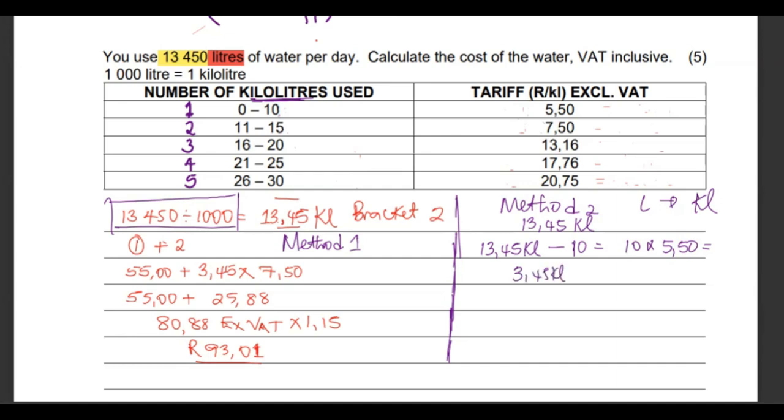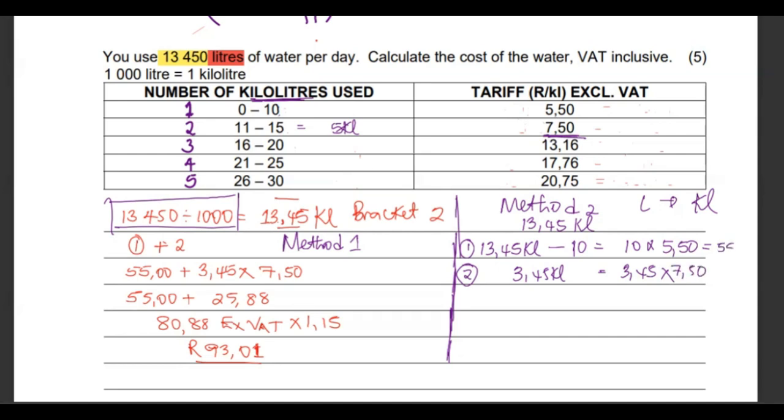These have been pushed to bracket number 2. But in bracket number 2, we said we need a maximum of 5 kiloliters. So if we need a maximum of 5 kiloliters, yet here we have 3,45, we can't subtract 5. It's already there. So we shall say the 3,45 multiplied by the amount of money per kiloliter in bracket number 2.